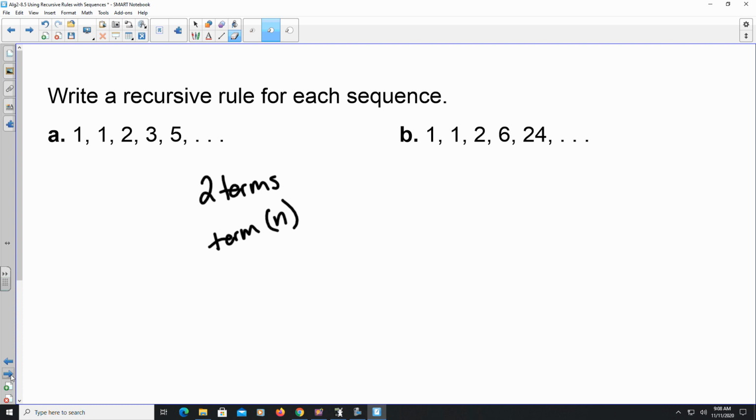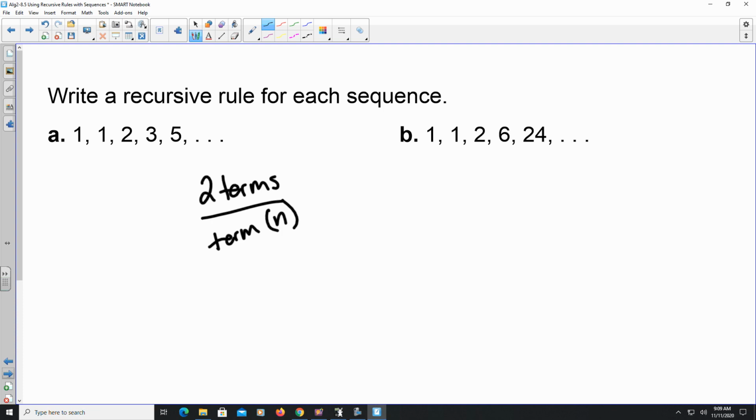If I took this term and this term and added together, I'd get 3. Here, if I took this term and this term and added together, I'd get 5. So I'm led to believe that for this particular example, we're going to need to use two terms in order to establish the next term in the sequence.